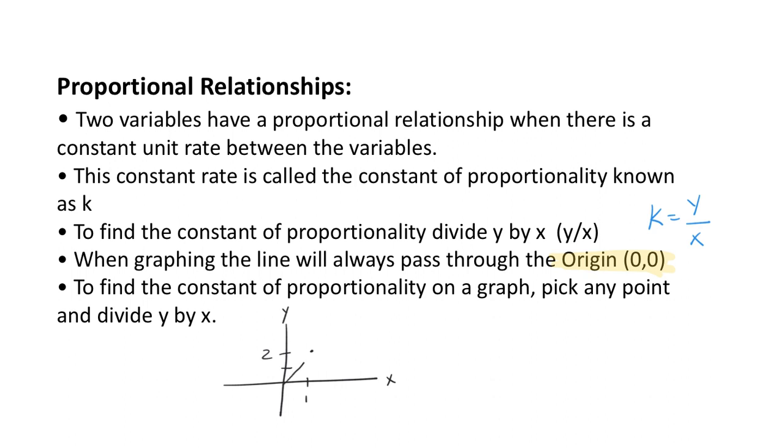Here is my line, here's the point I pick. So up 1, over 2, k equals 2 over 1, because it's y over x. So 2 over 1 simplifies to 2. Also remember that the equation for a proportional relationship is y equals k times x.